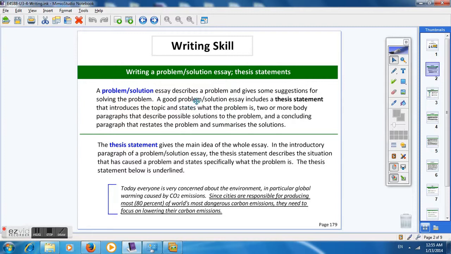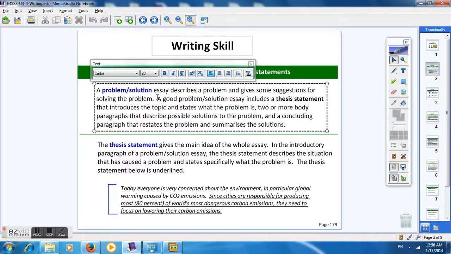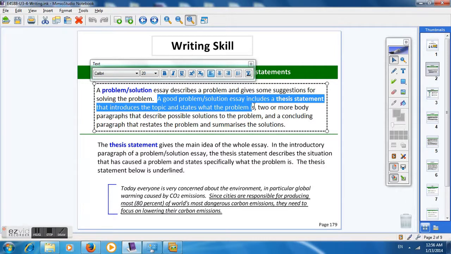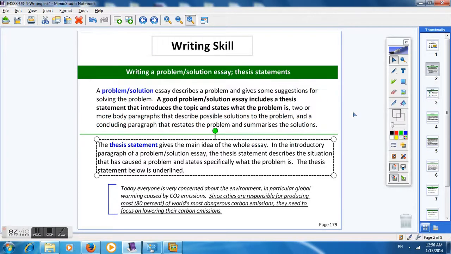A good problem solution essay includes a thesis statement that introduces the topic and states what the problem is, two or more body paragraphs that describe possible solutions to the problem, and a concluding paragraph that restates the problem and summarizes the solutions.